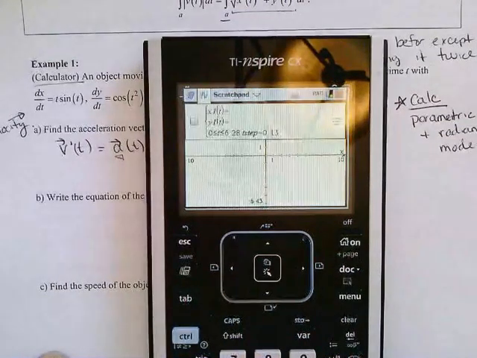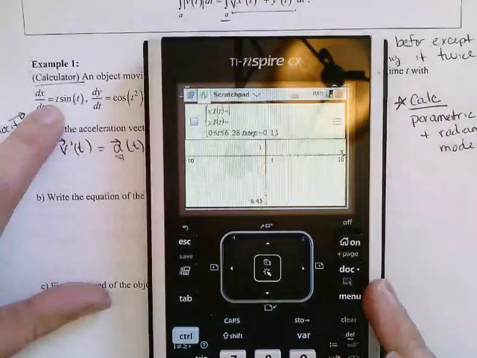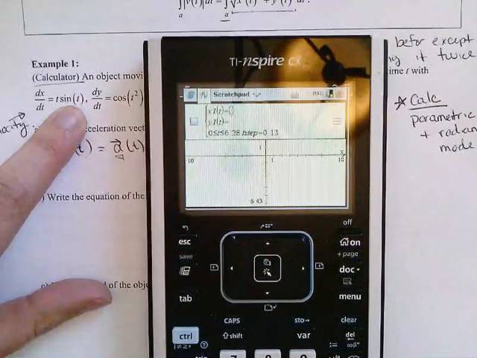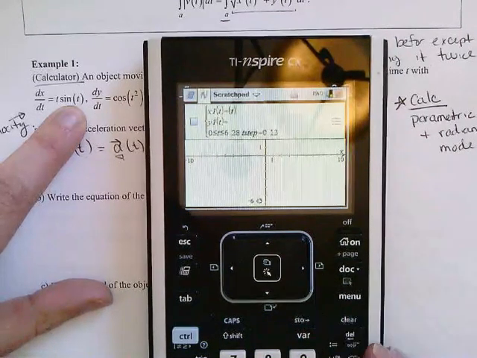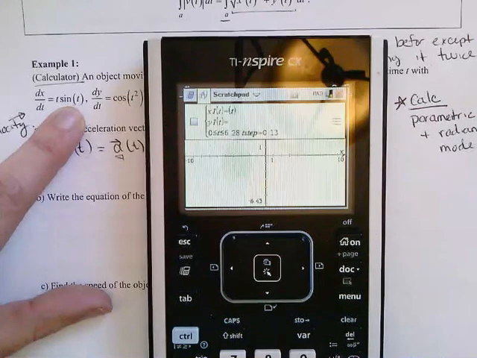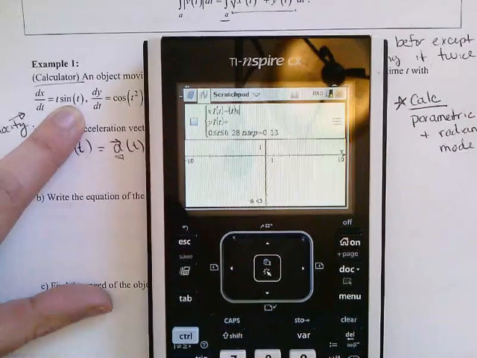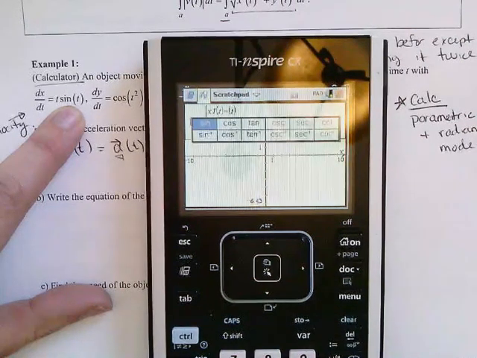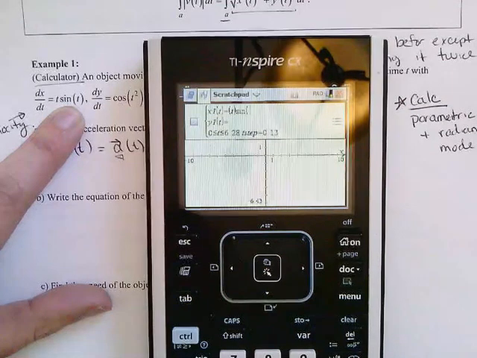So I'm in parametric. x1, you see how it says t sine of t? You can't just plug it in like that. You actually have to either put the t, so put your variables in parentheses, or actually use the multiplication button. But just put your variables in parentheses, it will work every single time. If you don't do that, it's going to say function is undefined.